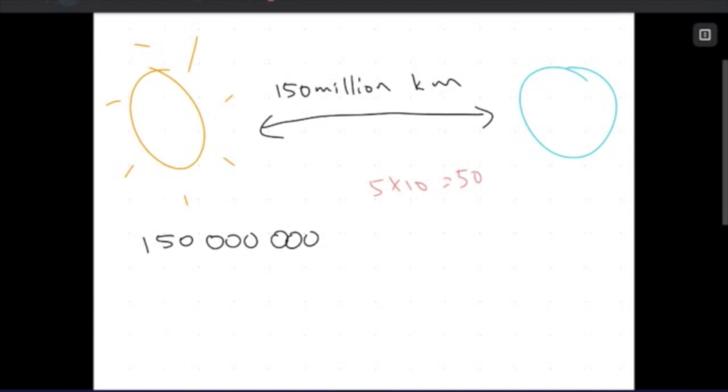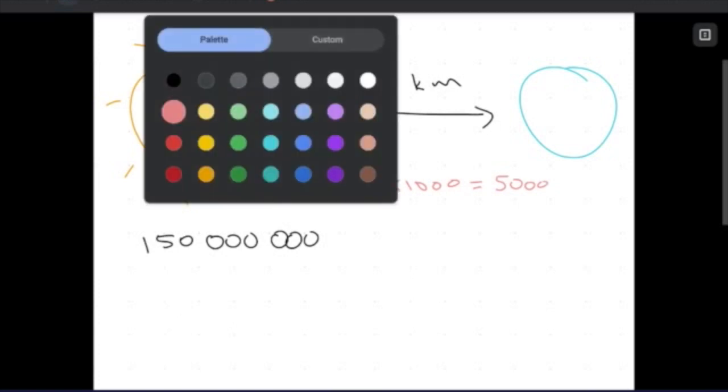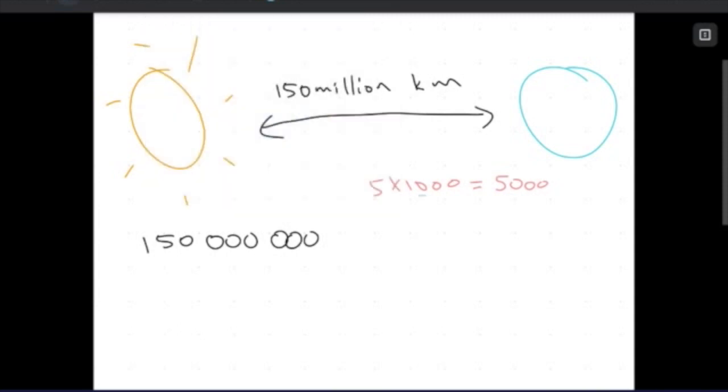If I times this same number by 100, I would get 500. Times it by 1,000, I'd get 5,000. Do we see a pattern here? The number of zeros I have here, that gives me the amount of zeros here.